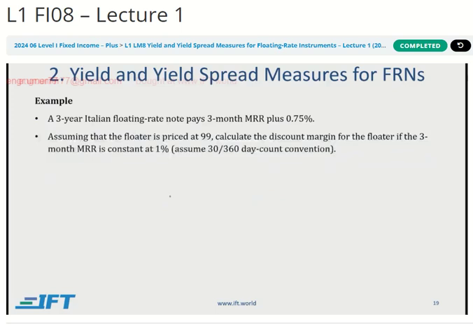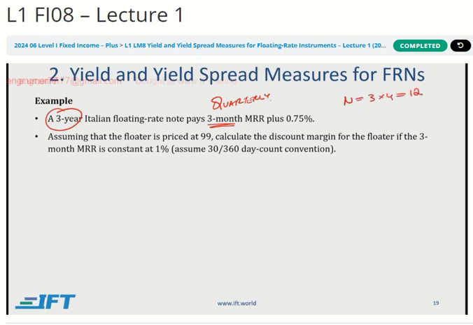Now let's apply it. And before you pause the video and try to do this, let me just help you out a little bit. I just want to put you on the right track with regards to the calculation of N, right? So this is a 3-month, which means this is quarterly, and you've got a 3-year bond. So your N is going to be 3 years times 4 quarters per year.